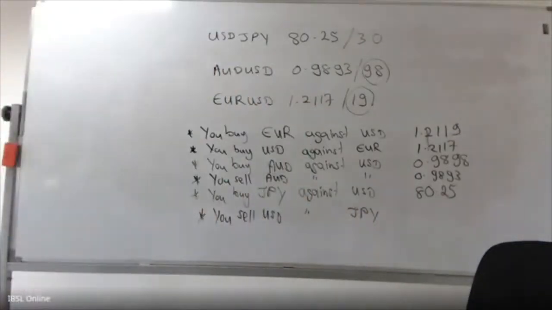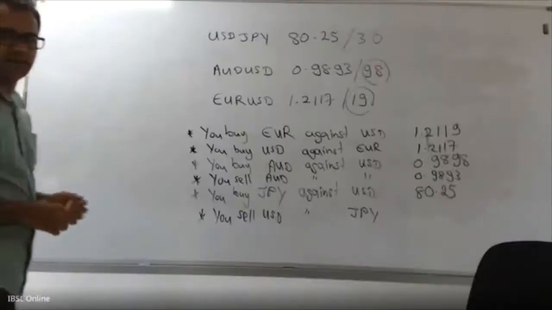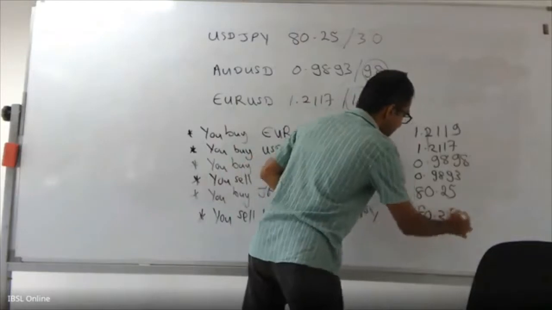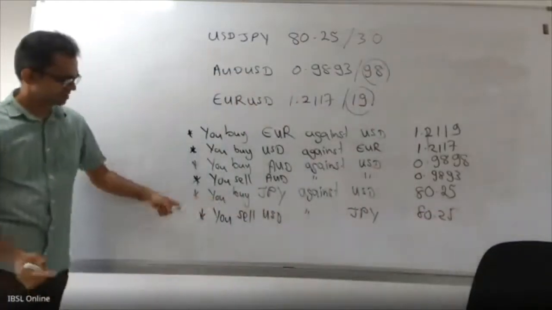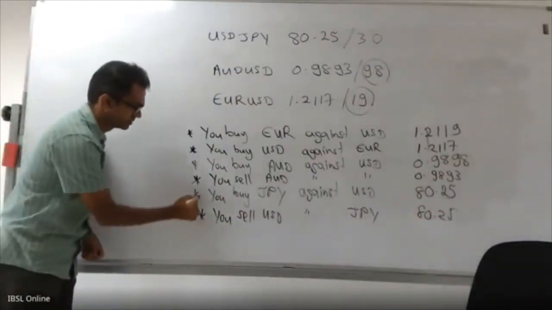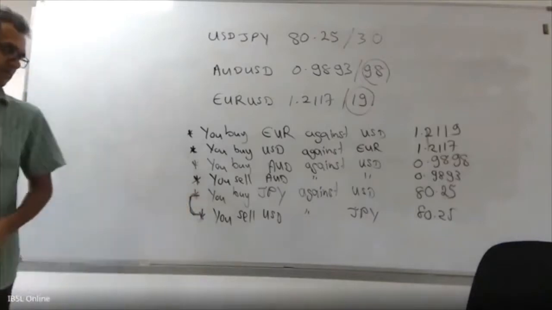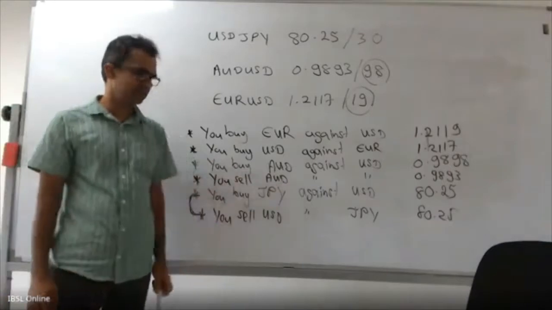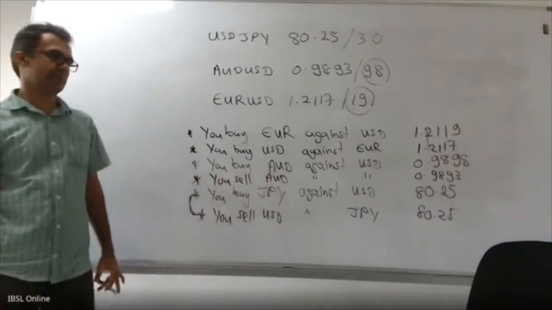You sell dollar against JPY. 80.25. Both are identical answers. Whether you buy yen against dollar or you sell dollar against yen, same.